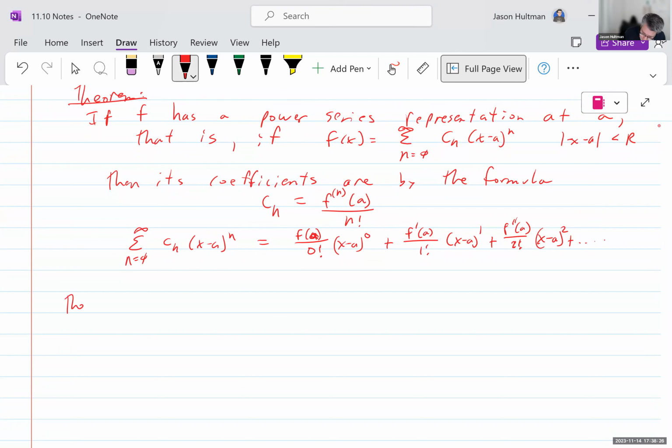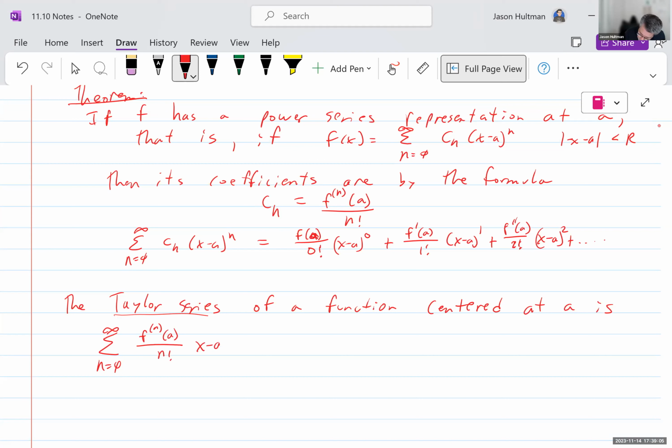Okay, the Taylor series of a function centered at a is the summation as n equals 0 to infinity of the nth derivative of f at a over n factorial times (x minus a) to the nth power, okay, which is equal to f of a.